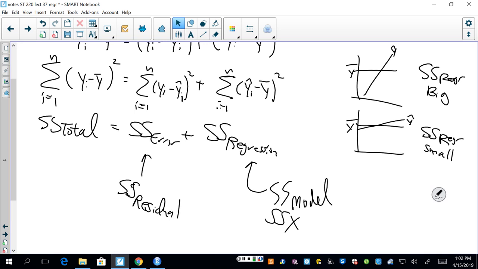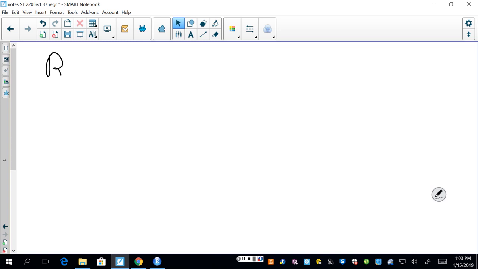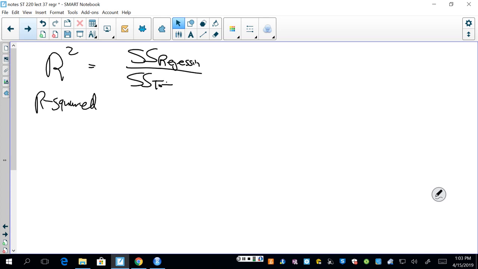So a measure of how well you do in regression, how well one variable predicts another, is this thing called R squared. It's either the sum of squares regression over sum of squares total, or it might be computed as 1 minus the sum of squares error over sum of squares total.